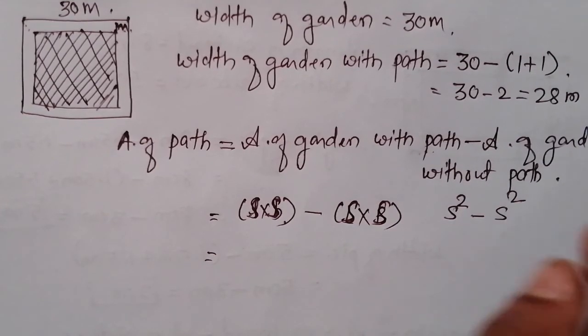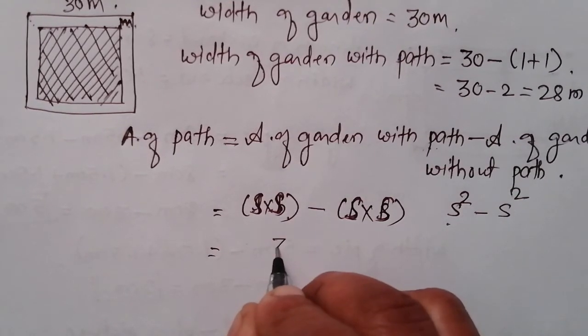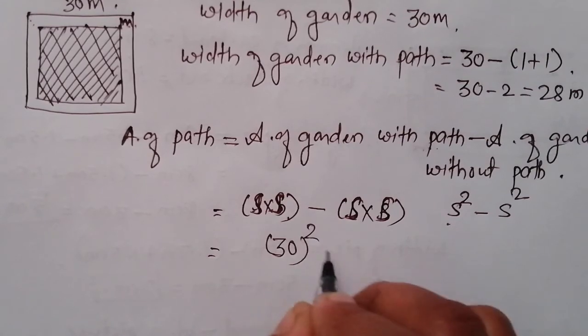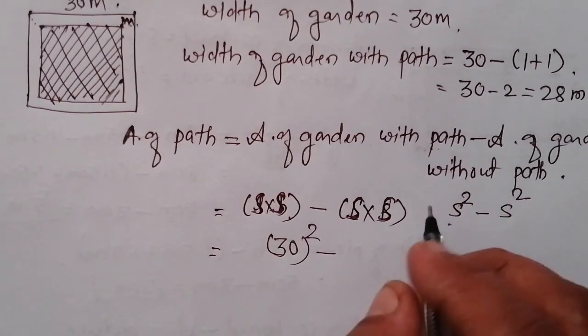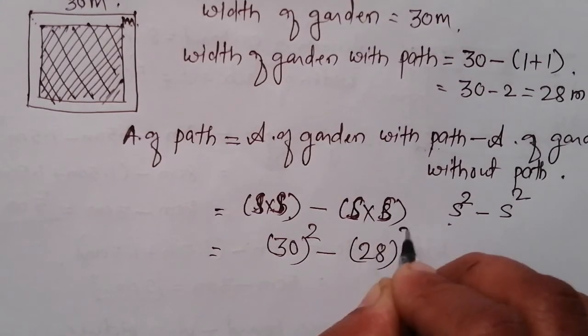Now here this is 30 square minus 28 square.